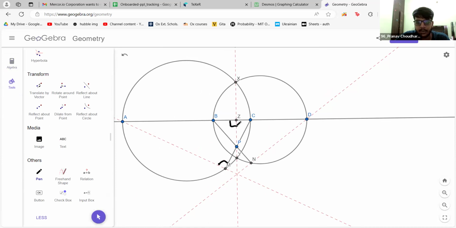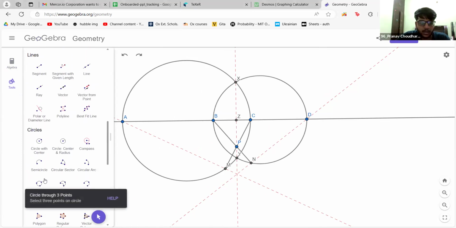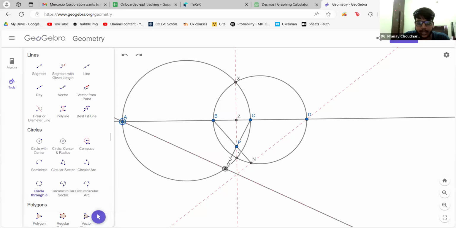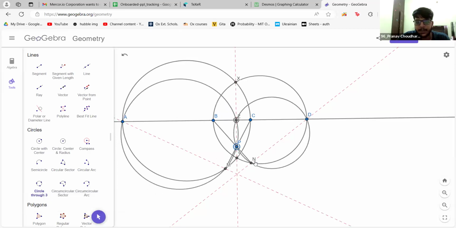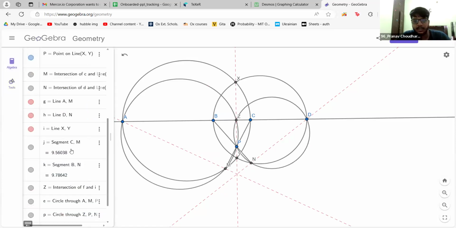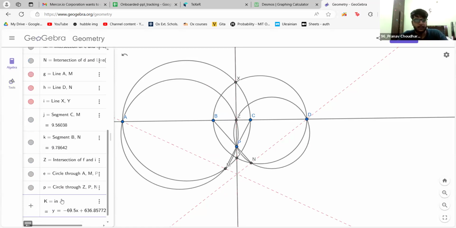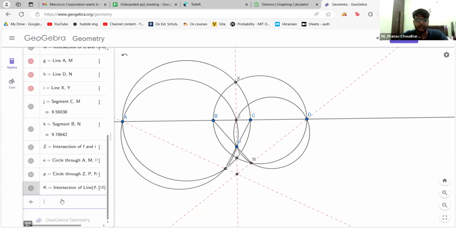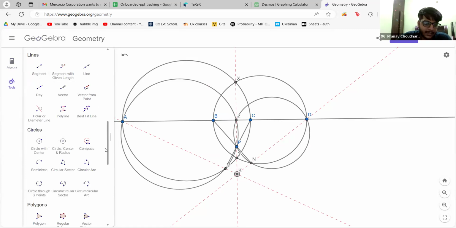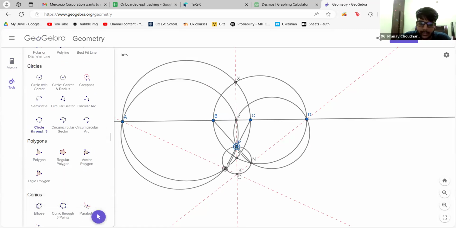And this angle is also 90 because XY is the radical axis, and this is the line joining centers. So you have that A, M, P, Z are cyclic. Similarly, you have Z, P, and D cyclic, right? Which means if I let K be the intersection of line AM and line DN, then PMKN should be cyclic, right?